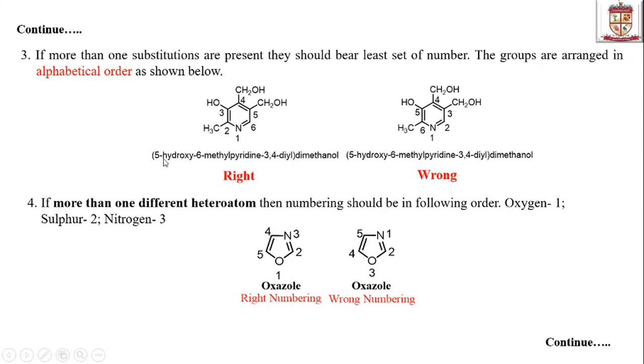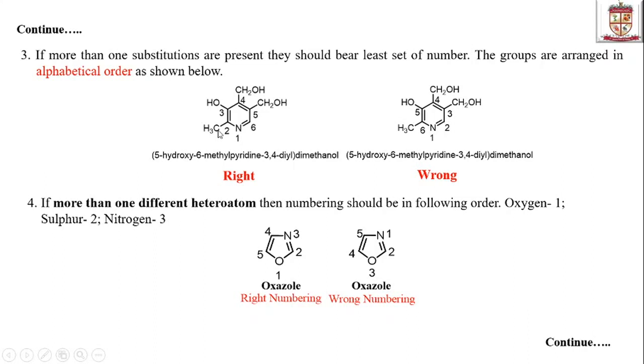In 5-hydroxy 6-methylpyridine 3,4 dimethanol, the right way of numbering is given as 1, 2, 3, 4, 5 and 6. In this case, the numbering CH, O, CH2 is arranged as per alphabetical order.